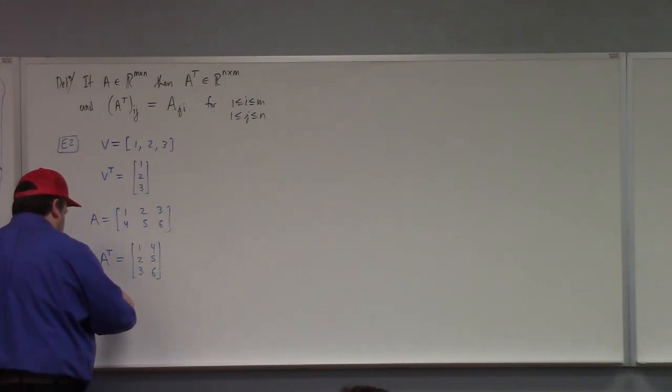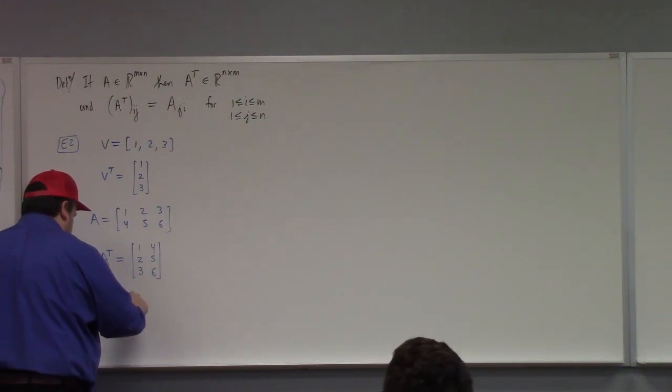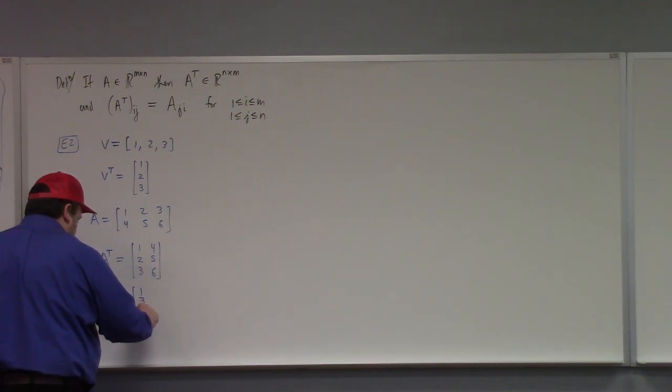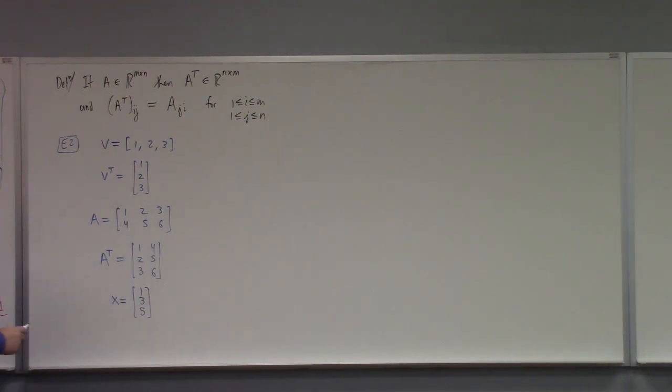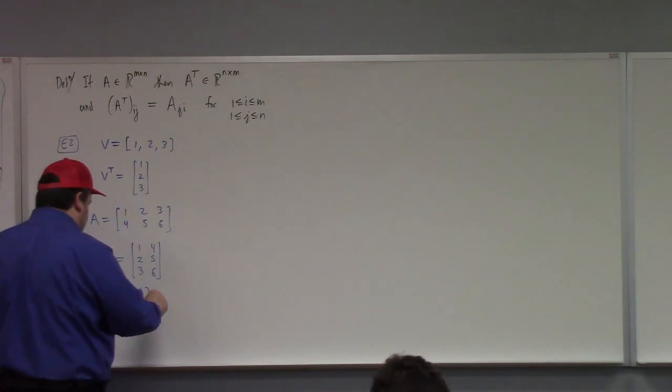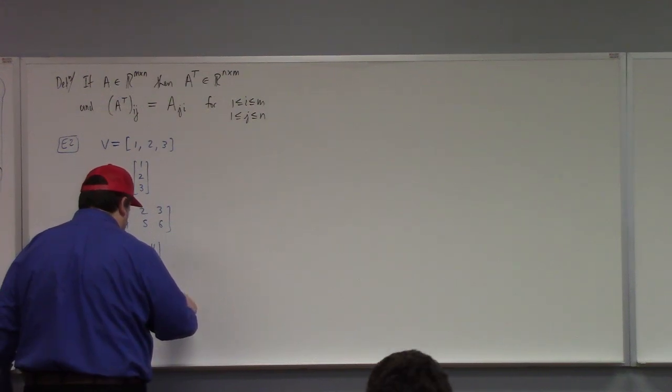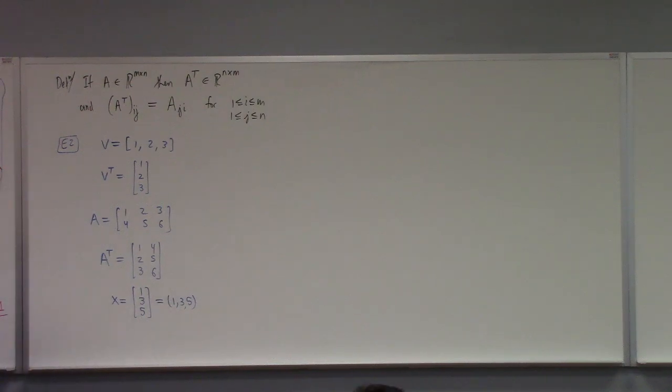Here's another one. I could have x is equal to 1, 3, 5, for instance. That's a column vector, right? Let me remind you, we have another notation for that, which is this. That's my sneaky, hidden, implicit column notation.